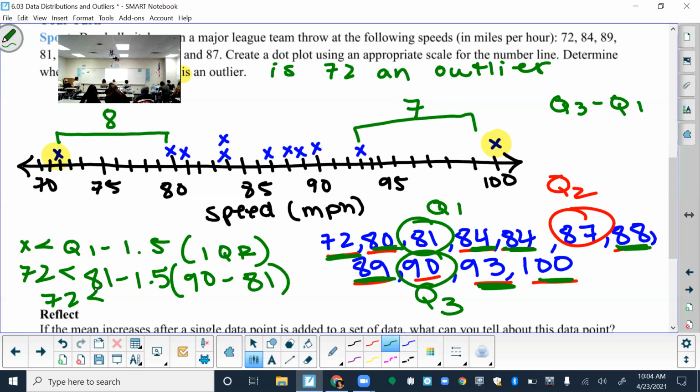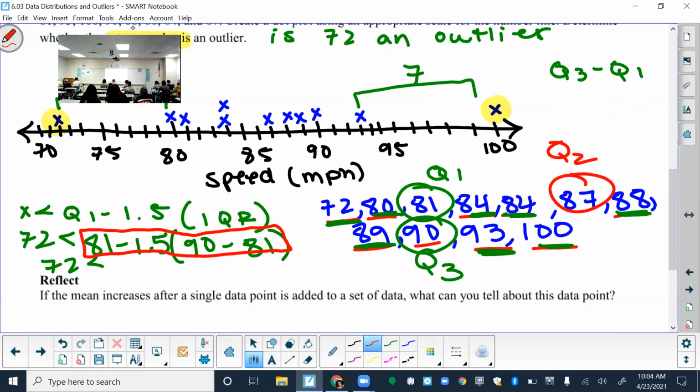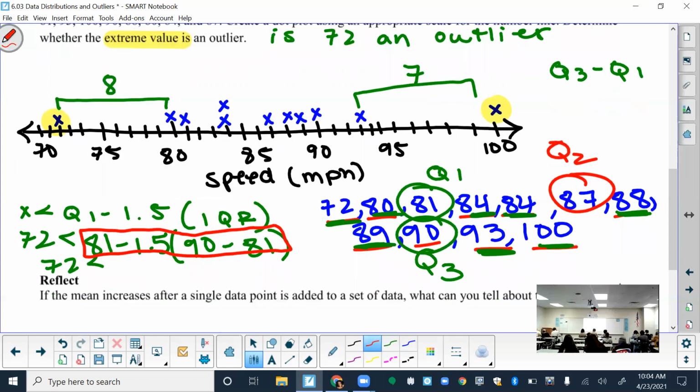All right, enter the right side of the inequality into your calculator, or solve it by hand. As long as you get the right answer, that's fine. All right, tell me what you get when you enter that in your calculator. 67.5 is what you get when you enter that in the calculator.